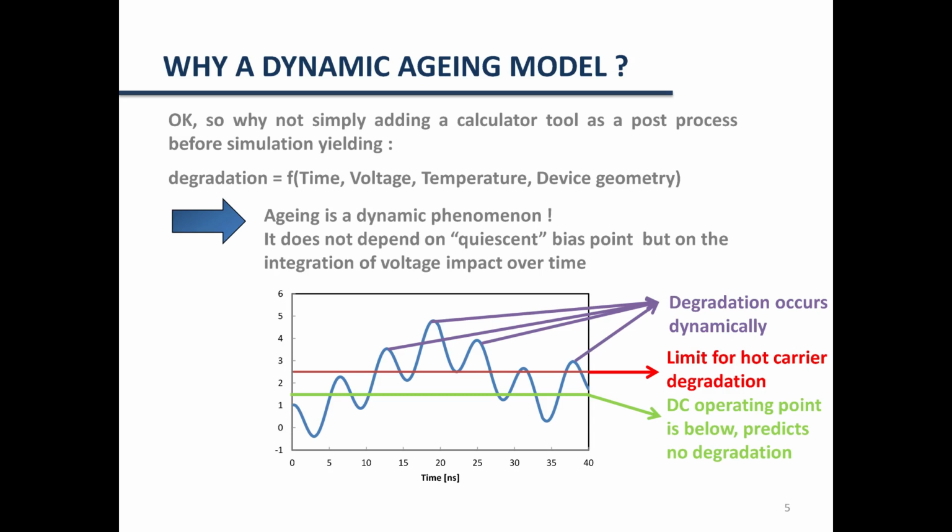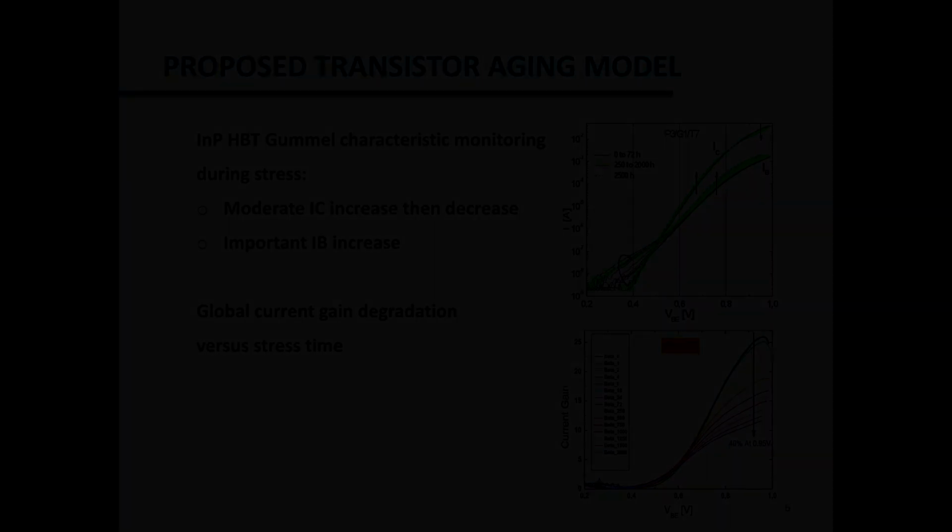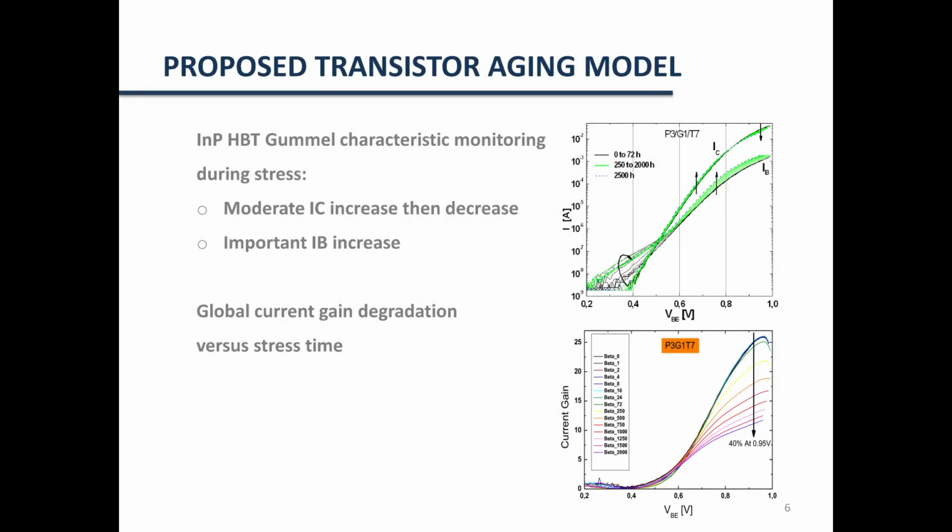But for a large signal with arbitrary values, you see that the voltage can quickly rise above this limit from time to time. And then the degradation occurs dynamically. This is why a dynamic model is important, because it's the only way to take into account the degradation over time and to integrate it during the circuit lifetime.